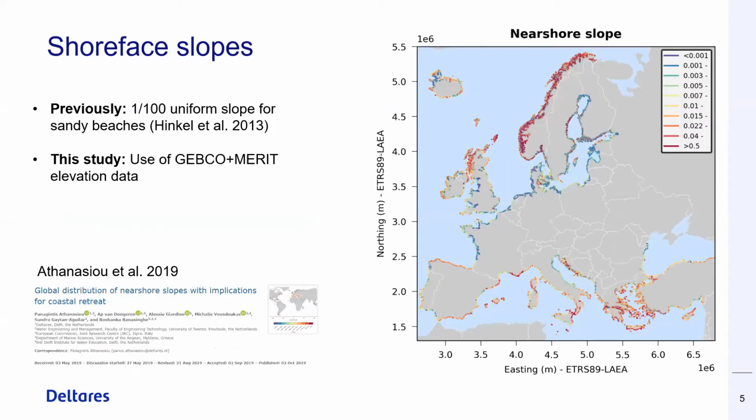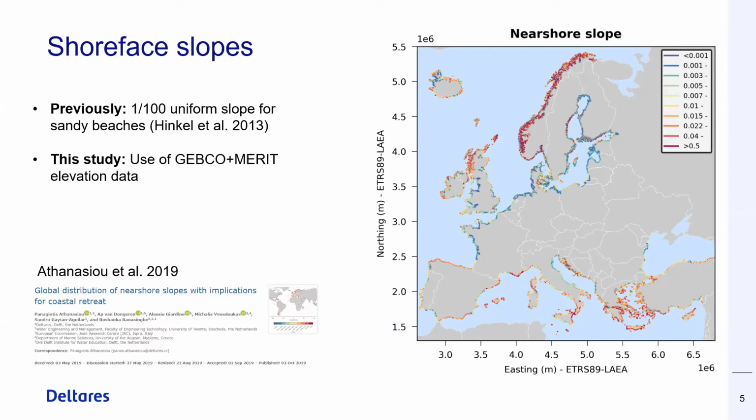Another really important piece of information in this sea level rise driven erosion of the coastline is the actual coastal slope. Since this information was not available at large scale, simplified assumptions were used in previous studies, assuming that the slope is uniform and 1 in 100.